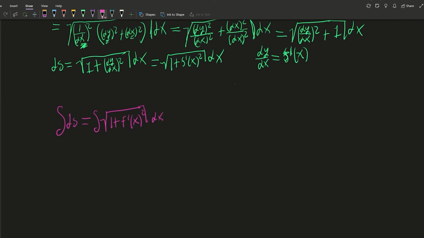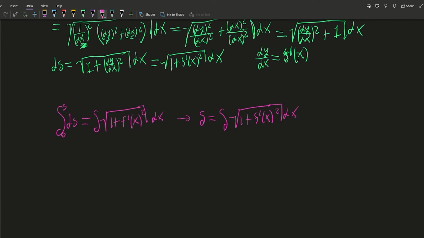And we can integrate this from 0 to s, which then becomes just s is equal to the integral of the square root of 1 plus f prime of x squared, dx. There we go. And that's it. That's the formula for arc length.